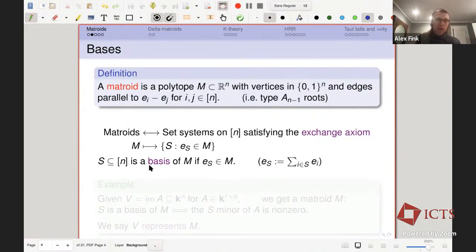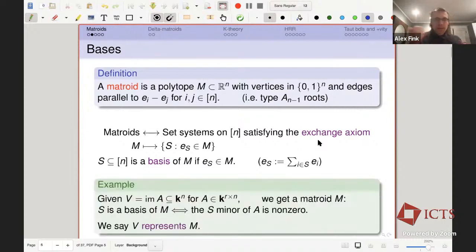And a much more common way to define a matroid is in terms of these bases. A matroid is a set of bases, and they have to be sets that are close to each other in some way, given by the exchange axiom that corresponds to Steinitz exchange from vector spaces. I won't state it, but it's the translation of this condition on the edges that you can switch a 1 to a 0 and a 0 to a 1.